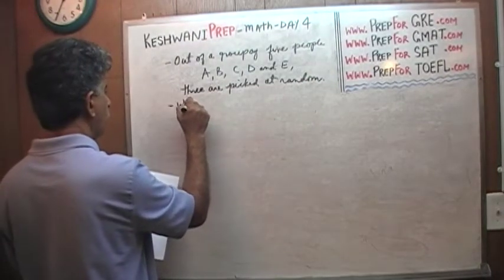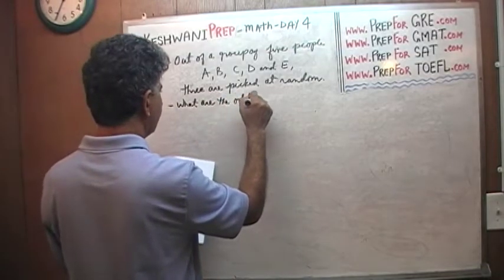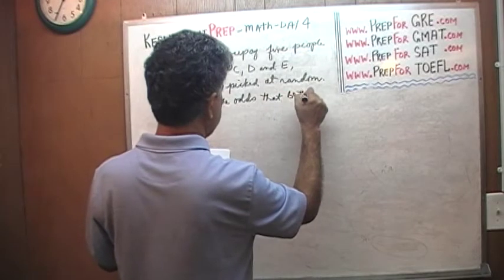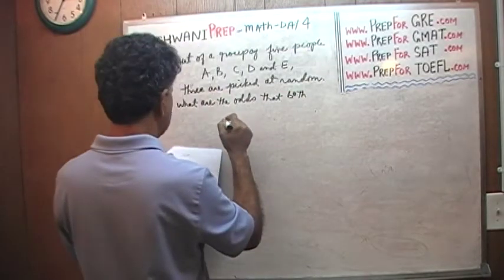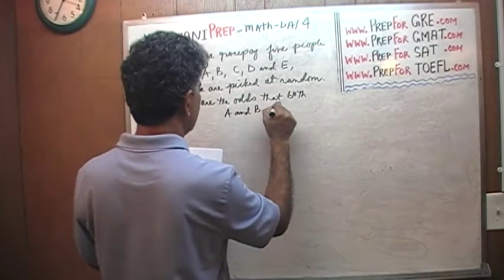The question is, what are the odds that both A and B will be picked?